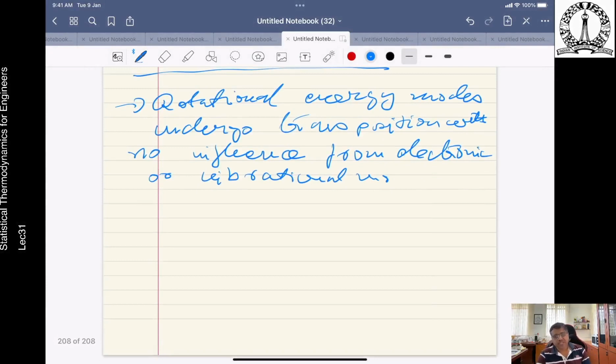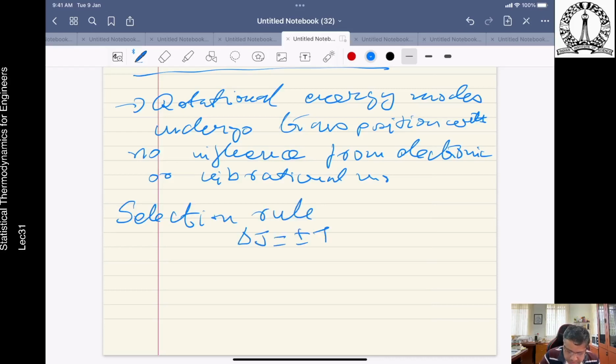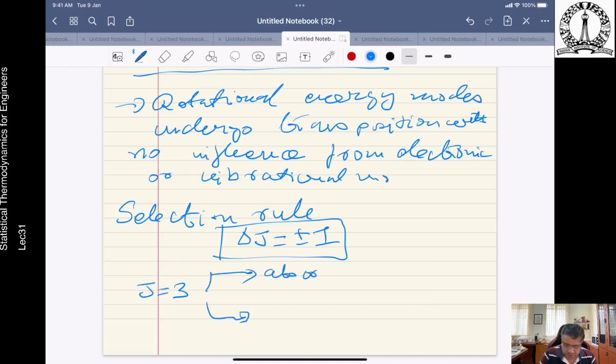Okay, so the selection rule we know is delta J is equal to plus minus 1. So if, say, J is equal to 3, absorption or emission. If it is absorption, it will go to J equal to 4, or if it is emission, it will go to J equal to 2.